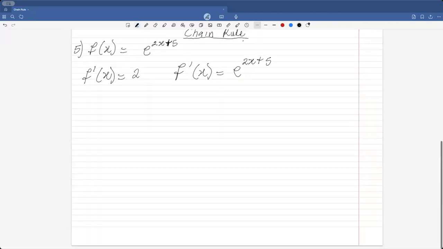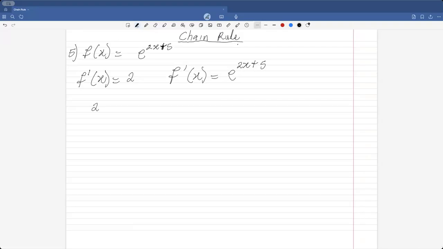So let's multiply things out. 2 multiplied by e to the power of 2x + 5 equals 2e to the power of 2x + 5. And that's the answer for this problem.